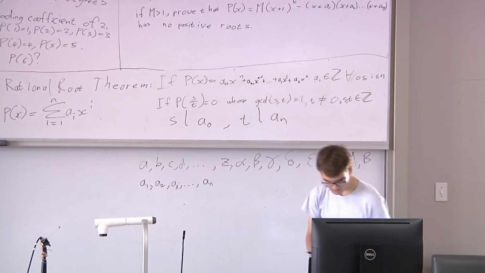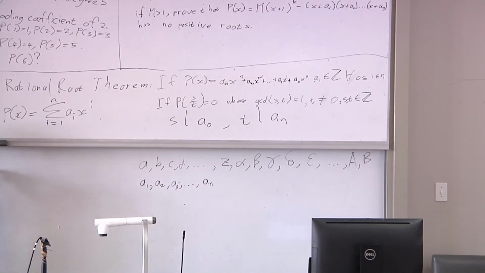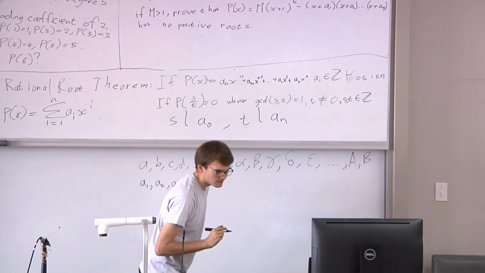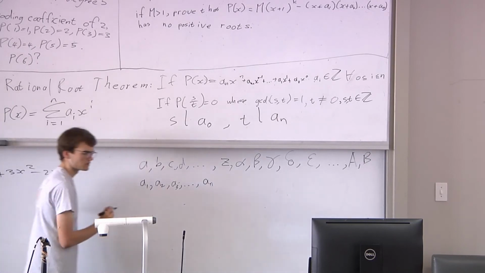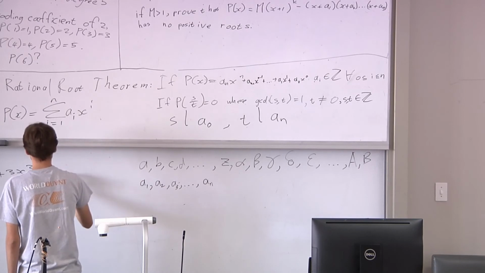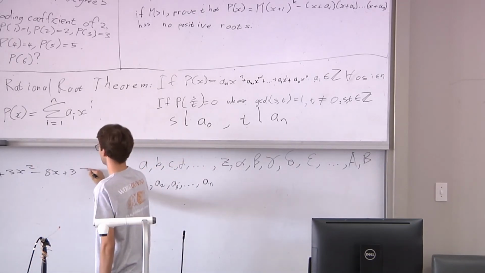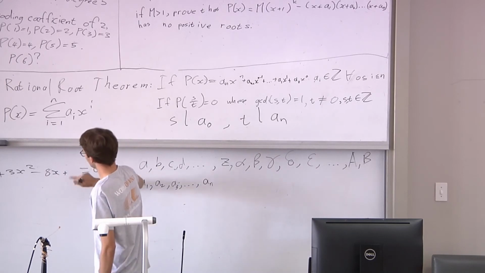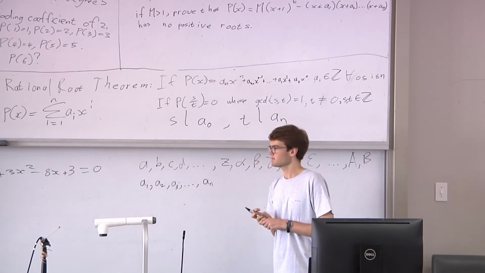Consider 2x cubed plus 3x. Consider this equation over here.